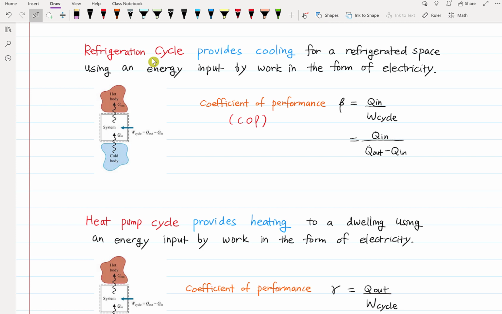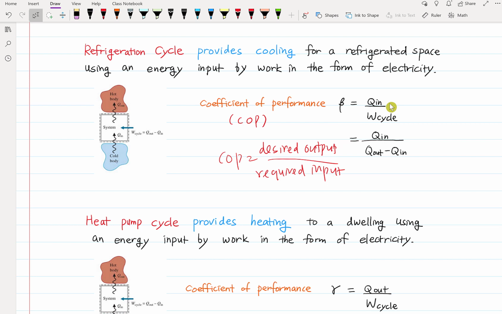The performance of refrigeration cycles and heat pump cycles is defined as coefficient of performance, also expressed as desired output over required input. So for the refrigeration cycle, the desired output is Q in.